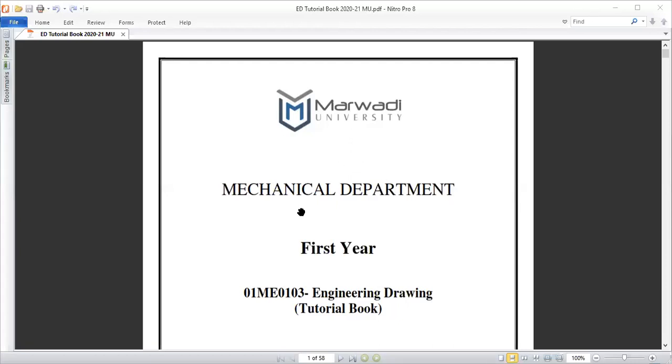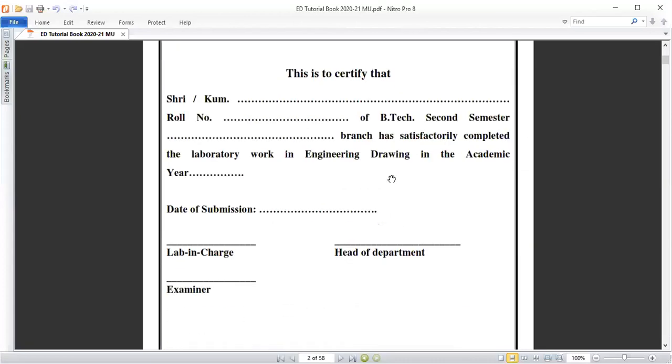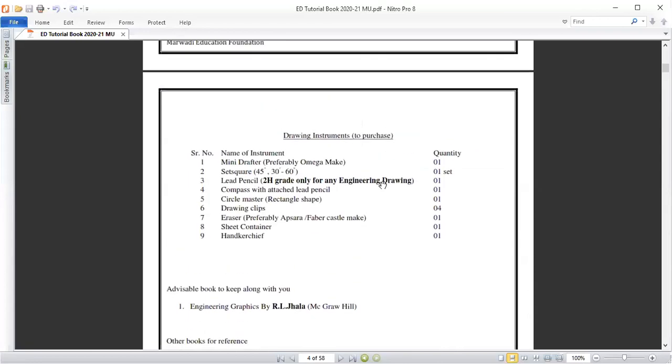In the last laboratory session of the ED subject, we discussed the basic part of engineering drawing. We learned how the drawing instruments work.